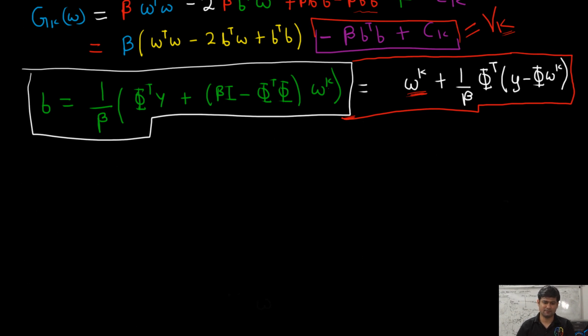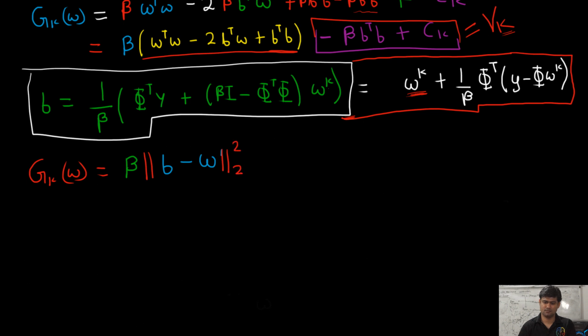So now finally we have a very simplified functional notation for g_k(w), and this you would notice is nothing but beta times the L2 norm of b minus w, squared, plus some constant v_k.